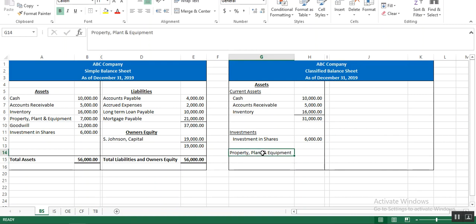And property, plants, and equipment usually is about the same type of items that go underneath there. We have the example being the building, we have vehicles, we have equipment, things like that fall underneath property, plant, and equipment. In this case, they actually don't have the name of it because normally it would be more specific.